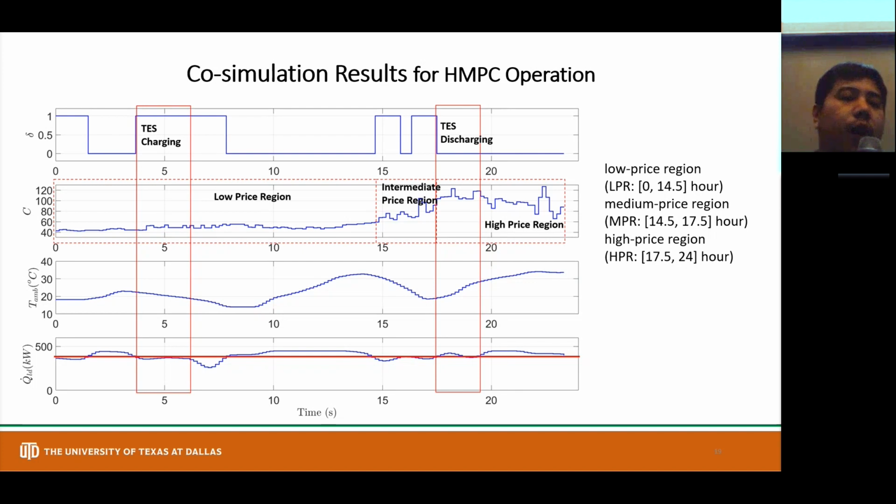But in the high price region, even when the cooling load is lower, like around the 19 hour, the TS is still discharging because it can save the energy cost.